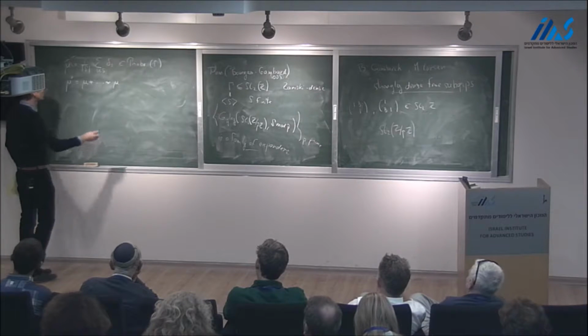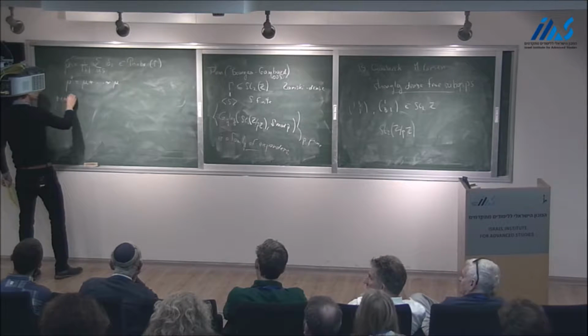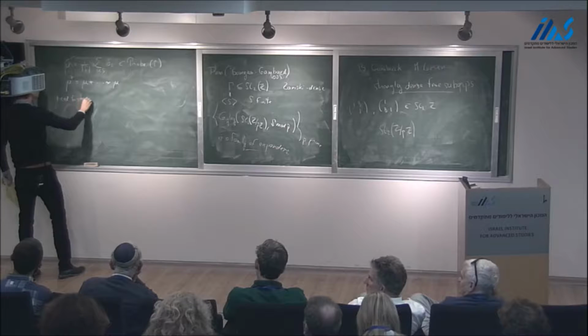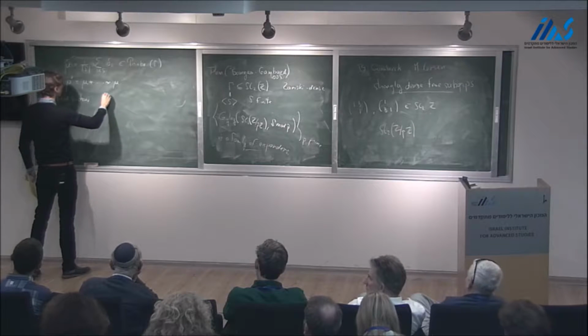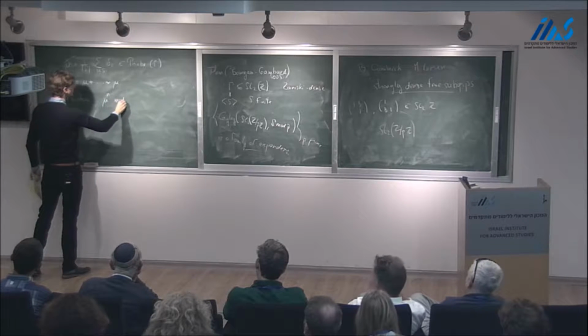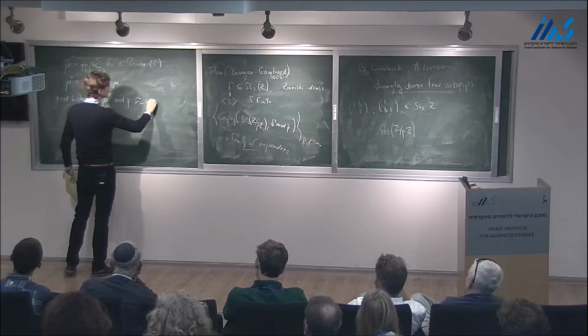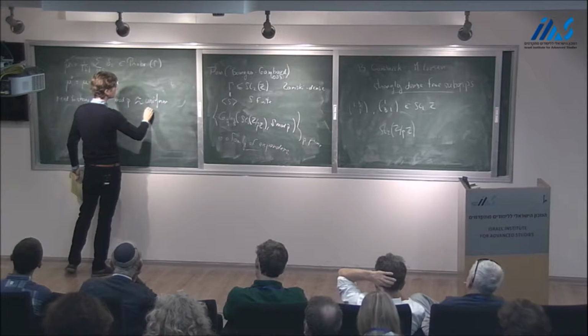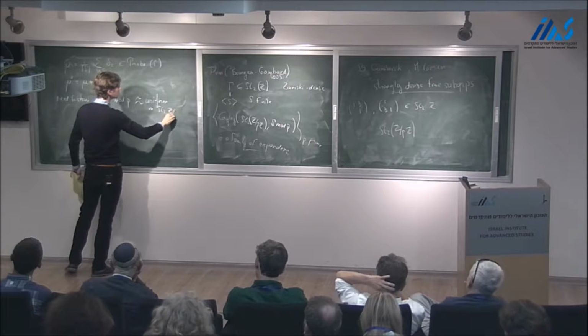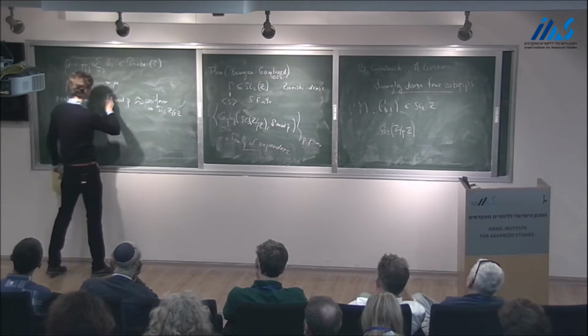and what you need to show is that mu^n mod p becomes very close to the uniform distribution on the finite quotient as soon as n is large enough.